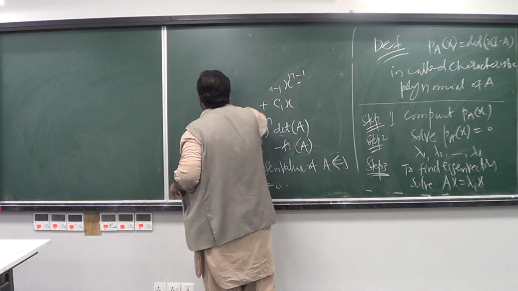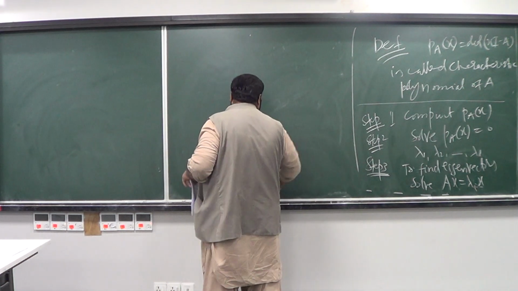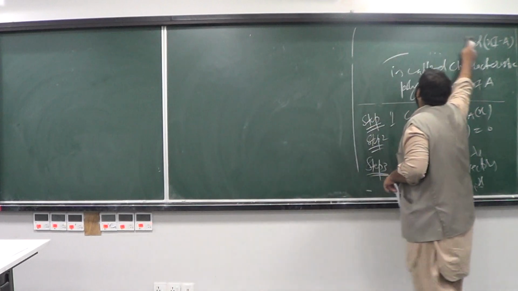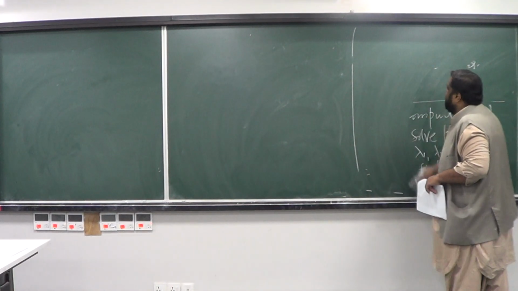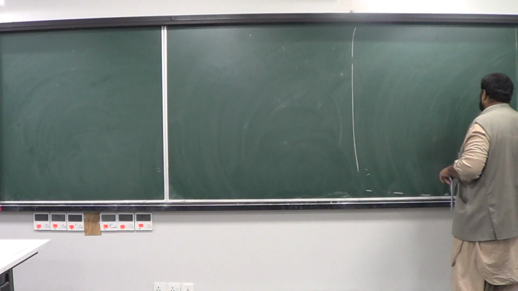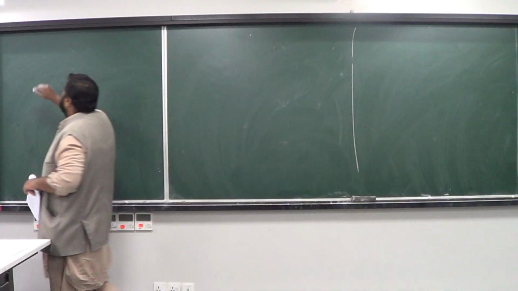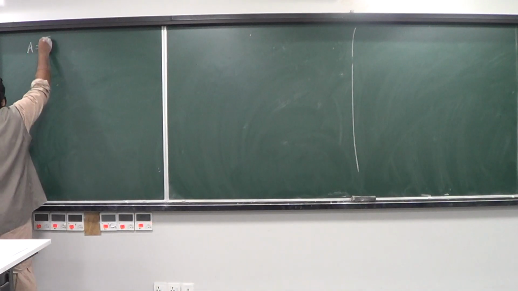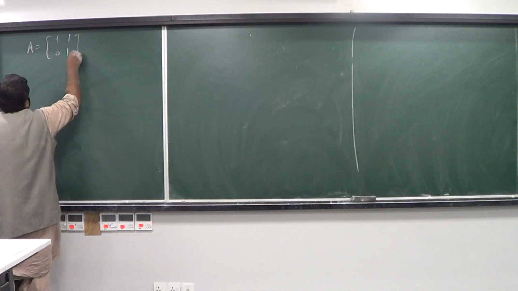Let's now move towards another interesting topic. We saw previously what we mean by the geometric multiplicity, which was the dimension of the eigenspace. Now we would like to define the algebraic multiplicity. Let's take the same matrix, identity with 1 0 0 1.